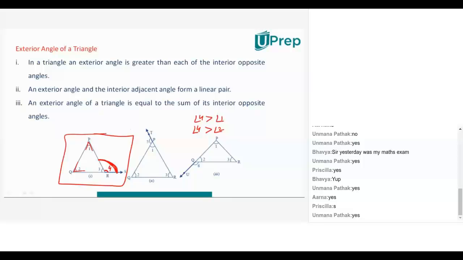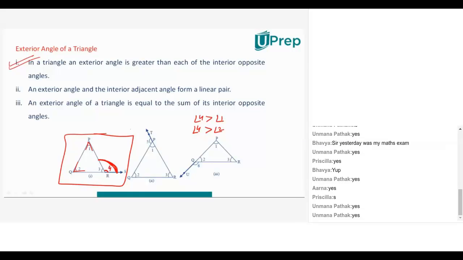So now we can clearly say that an obtuse angle is always greater than an acute angle. An exterior angle is always forming an obtuse angle. That is the reason it is greater than each of the interior opposite angles. Are we clear with the first property? Do you understand the why behind it?